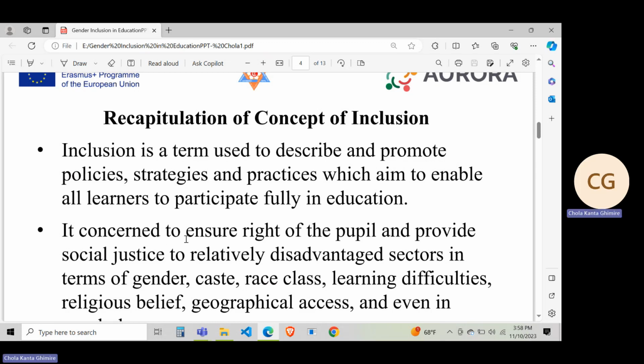Similarly, inclusion is focusing to ensure the rights of people, basically in terms of gender.